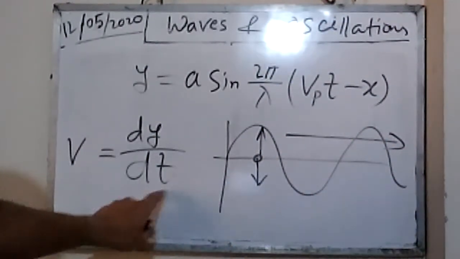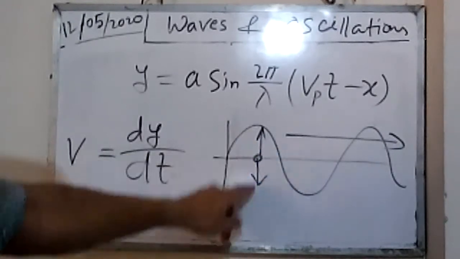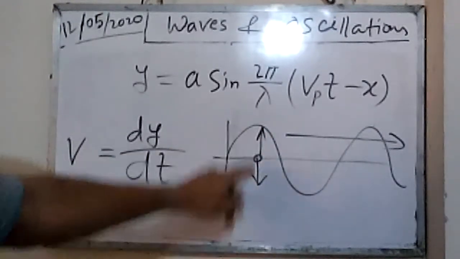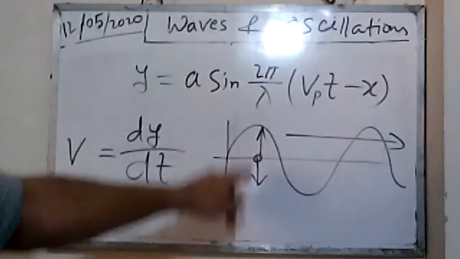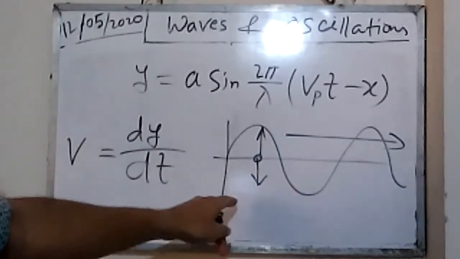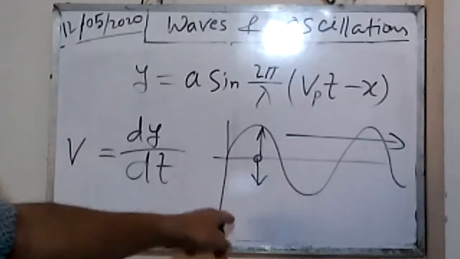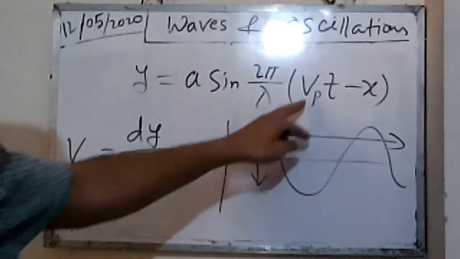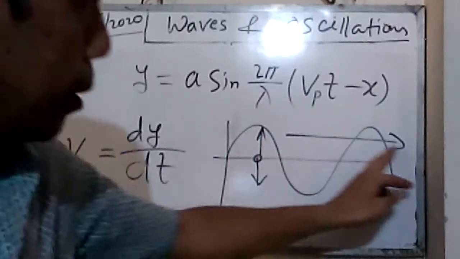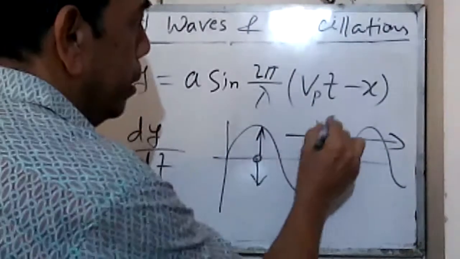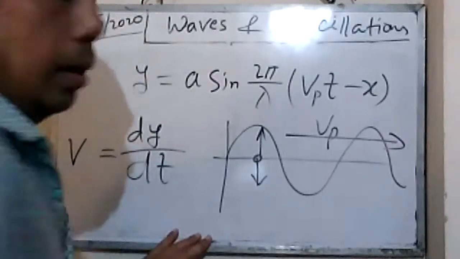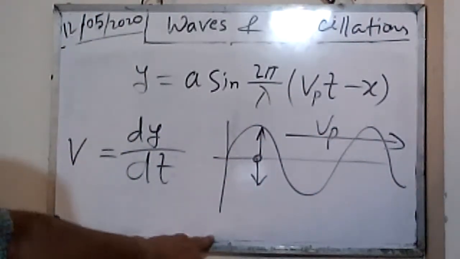This is the particle velocity, and this is the wave velocity or phase velocity.